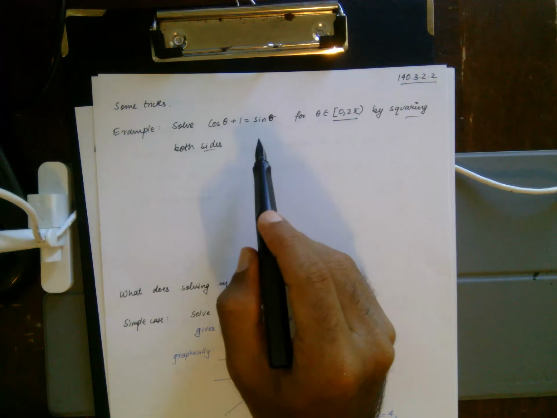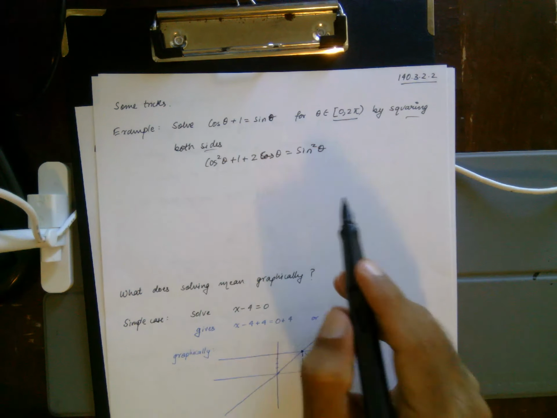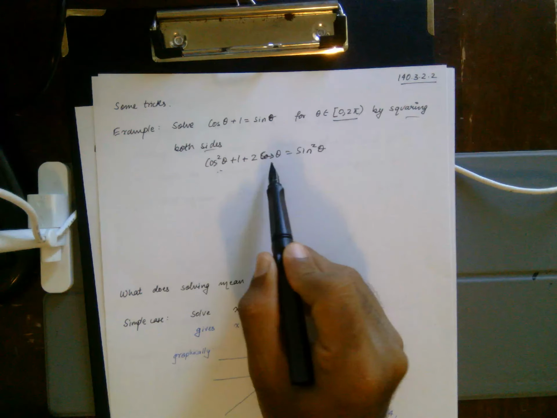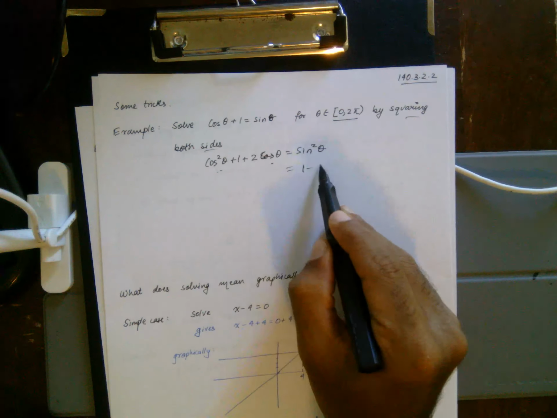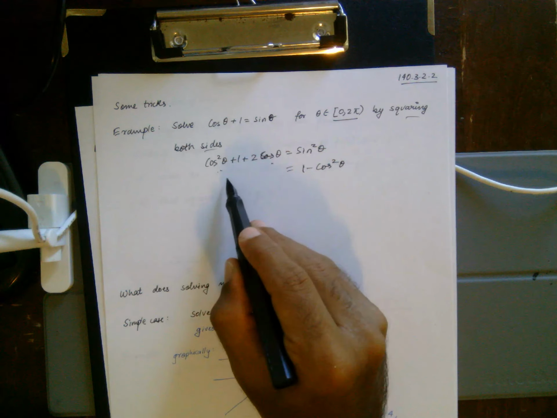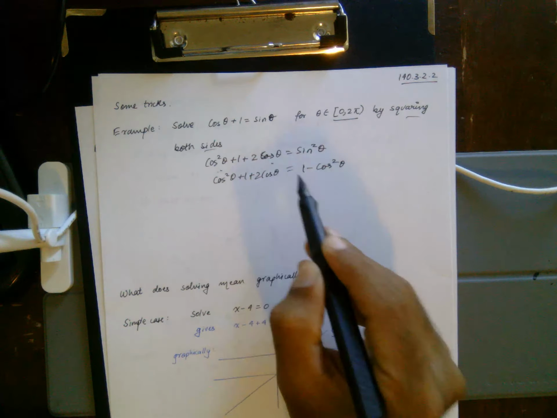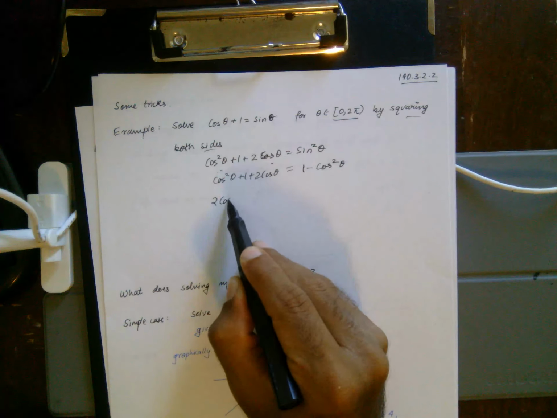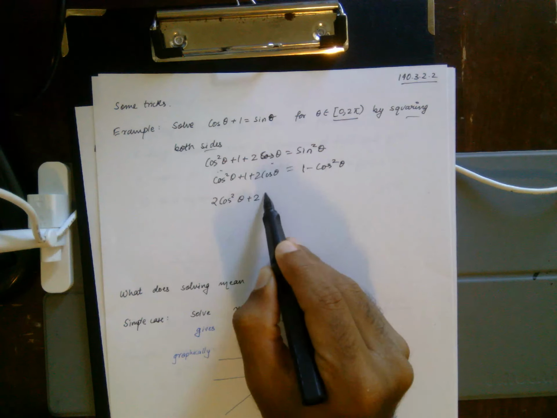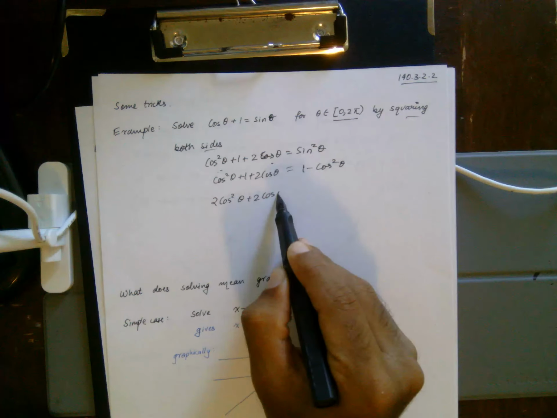When I do that, I get cosine squared plus 1 plus 2 cosine theta equals sine squared. Now I already have two things with cosine here, so I'm going to replace this by 1 minus cosine squared, which gives me 2 cosine squared theta plus 2 cosine theta equals 0.